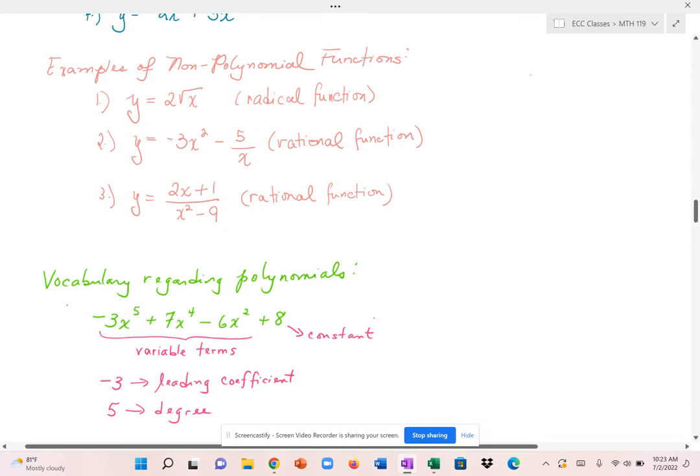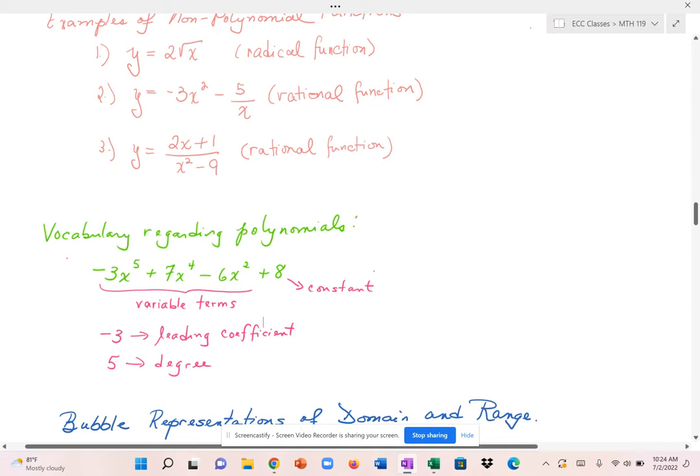The one that determines the degree is the highest degree, and the number in front of it is called the leading coefficient. So -3 is the leading coefficient, and 5 is the degree of this polynomial. And again, because this is a polynomial, if you were asked what the domain is, the domain would be all real numbers.